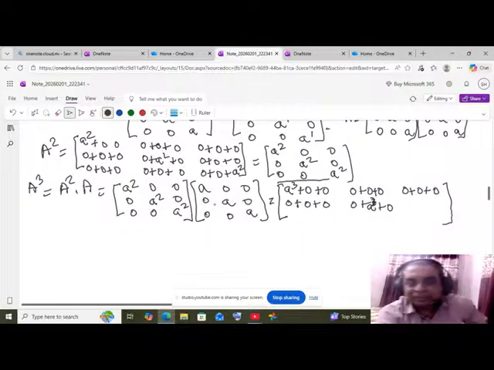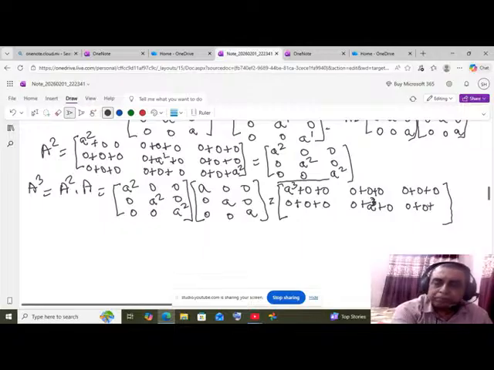Now multiply the second row of the first matrix with the third column of the second matrix. So it is 0 times 0 is 0, plus A squared times 0 is 0, plus 0 times A is 0. Now multiply the third row of the first matrix with the first column. 0 times A is 0, plus 0 times 0 is 0, plus A squared times 0 is 0.